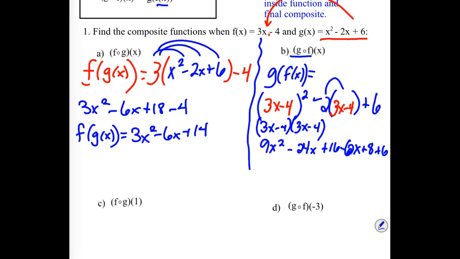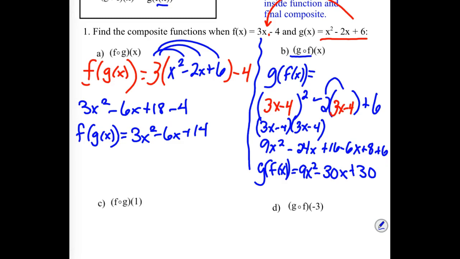All right. We need to combine like terms. We end up with g of f being 9x squared minus 30x plus 30. Questions about those?